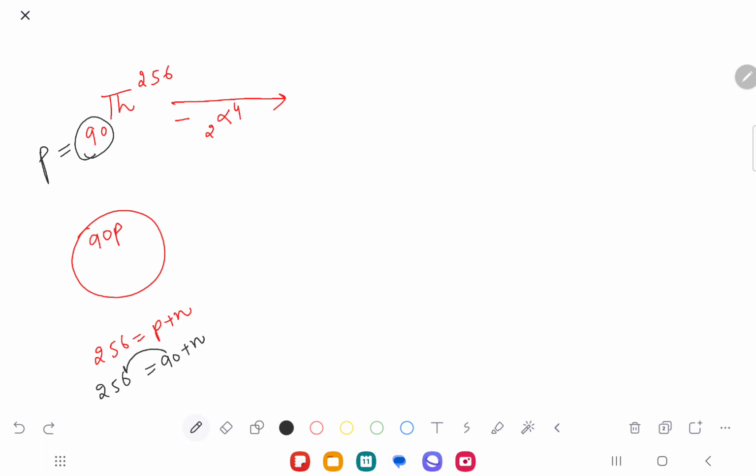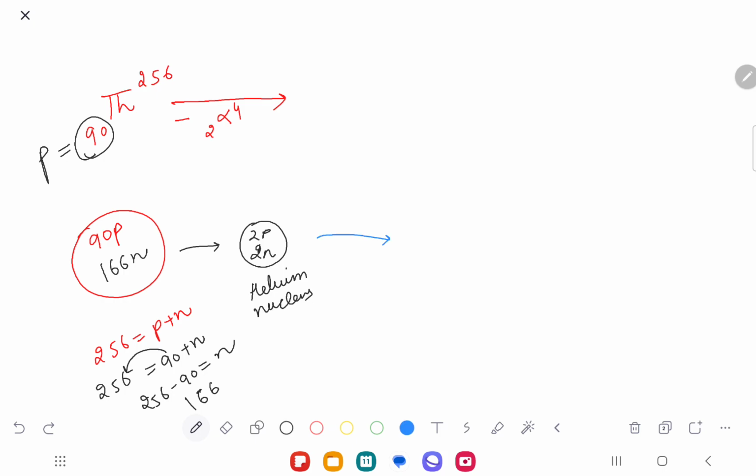So if you subtract 90 from 256, I will get 166 neutrons, and from here a set of 2 protons and 2 neutrons shall leave, which is my helium nucleus. So I will have a new nucleus being formed with 88 protons and 164 neutrons. So basically, an alpha decay leads to a decrease in protons and a decrease in neutrons.